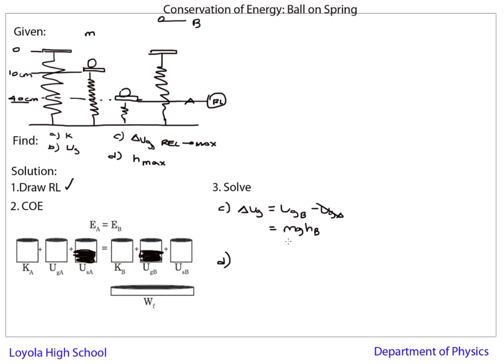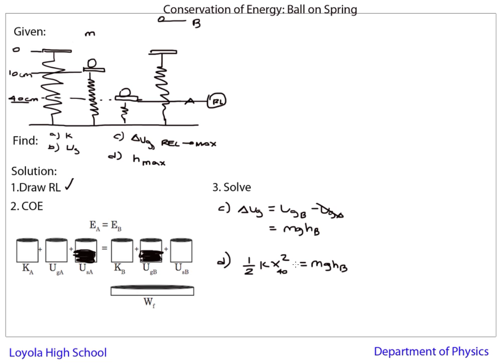So let's use conservation of energy. Using conservation of energy, I have my spring potential energy, 1/2 k x squared, and that x is at the 40 centimeter mark, equals mg h b.